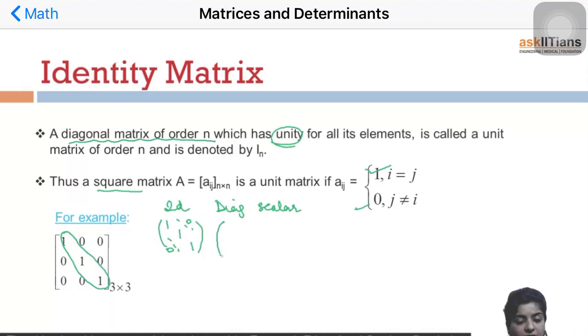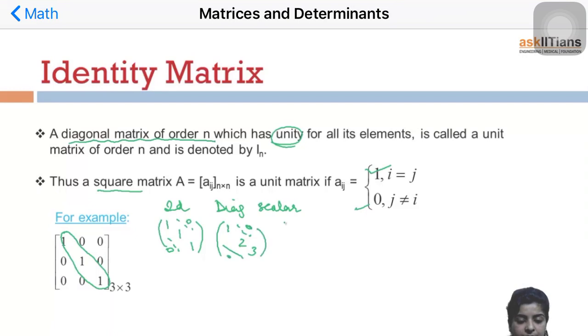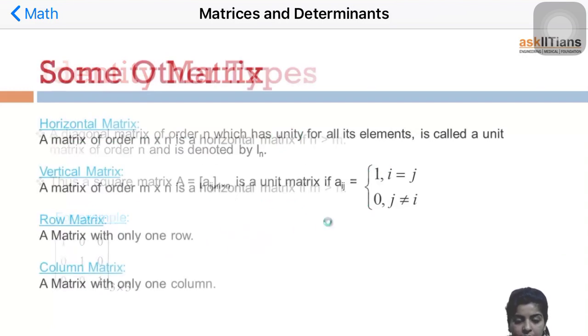In case of a diagonal matrix, you can have anything in the diagonal elements, 1, 2, 3 suppose, and the non-diagonal elements again have to be zeros. What about a scalar matrix? The diagonal elements have to be the same, any scalar k, and the non-diagonal elements again have to be zeros. So it must be clear by now, I suppose.